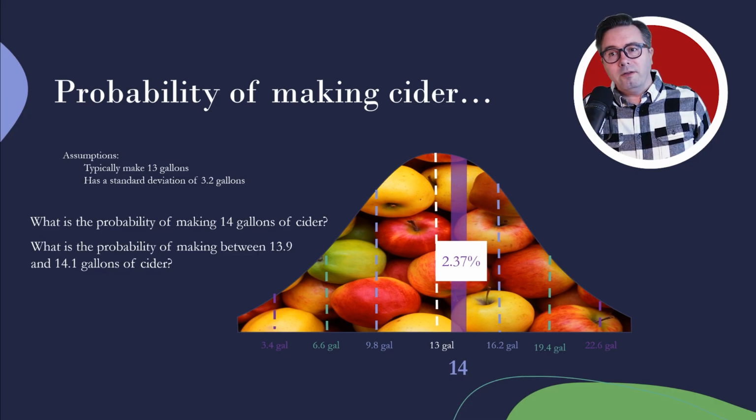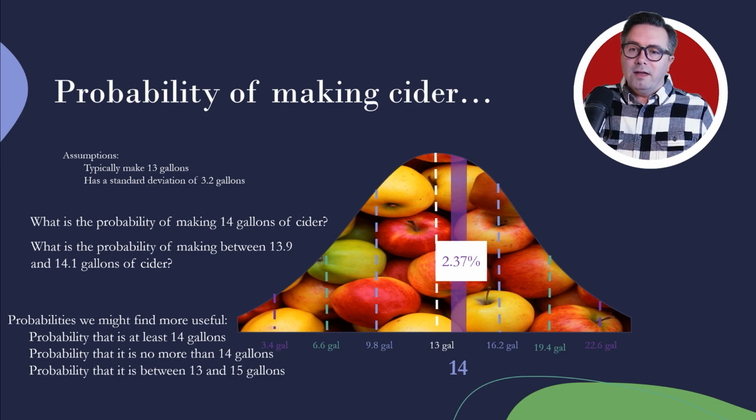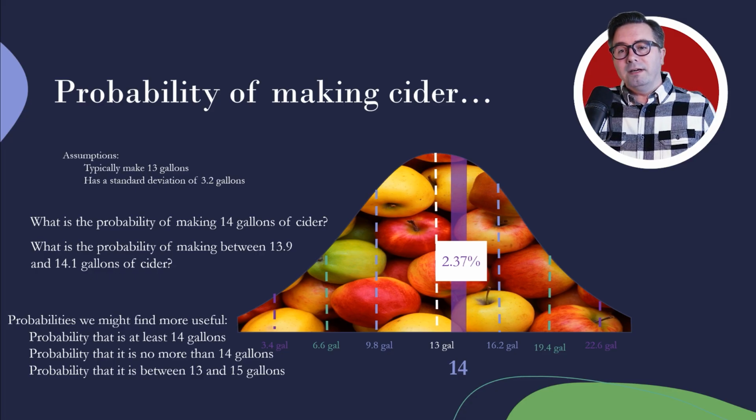Applying this to other things that we might ask, like, what's the probability of at least 14 gallons? In which case that would be 37.73%. Or if we want to know that it's more than 14 gallons, that would be 62.27%.